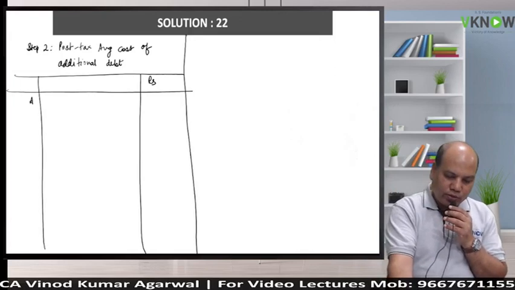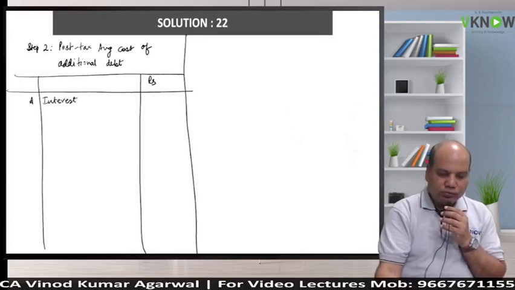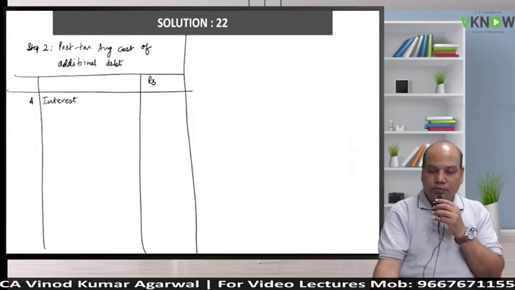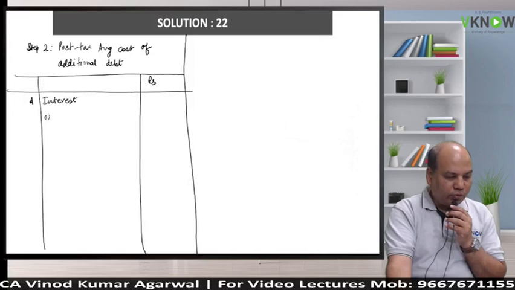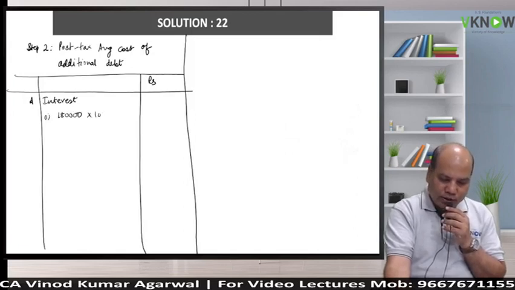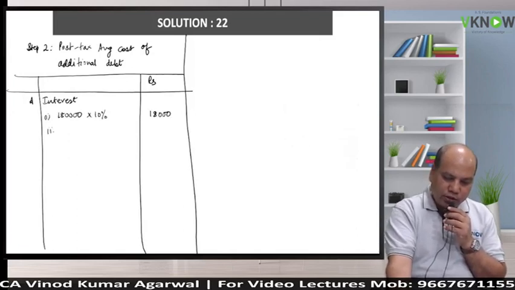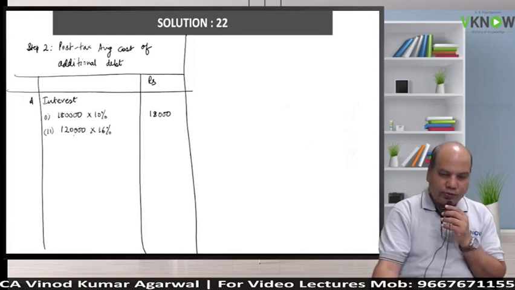So first you write down point A, interest. How much interest will we pay? Interest will be paid on 1,80,000 into 10%, correct? How much is that? 18,000. Then what about remaining interest on 1,20,000 at 16%? Very good.